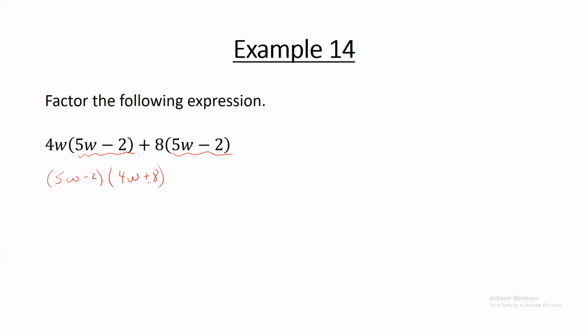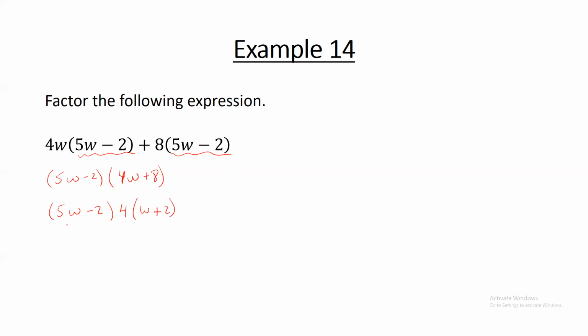But when we look at 4w plus 8, we actually see that we could factor a 4 out of each term. They're both divisible by 4. So we can leave the 5w minus 2 alone, and we can factor out a 4 out of the 4w plus 8, leaving us a w plus 2.